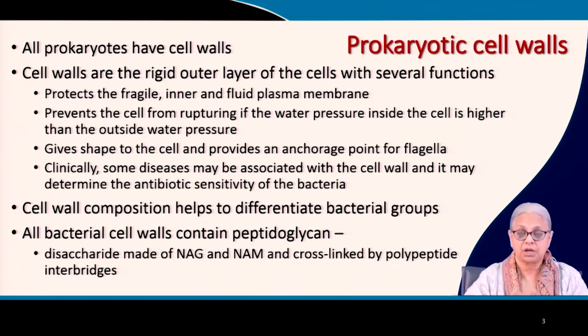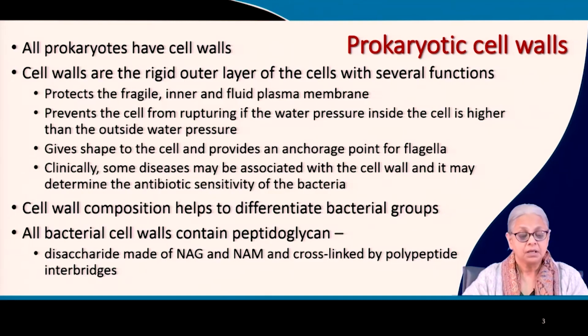It's an extremely fragile membrane. So without the cell wall to protect it, this membrane cannot exist. And the plasma membrane is the one that does all the useful work of determining what goes in and out. So the first thing is protection for the plasma membrane. That is the first function of the cell wall.